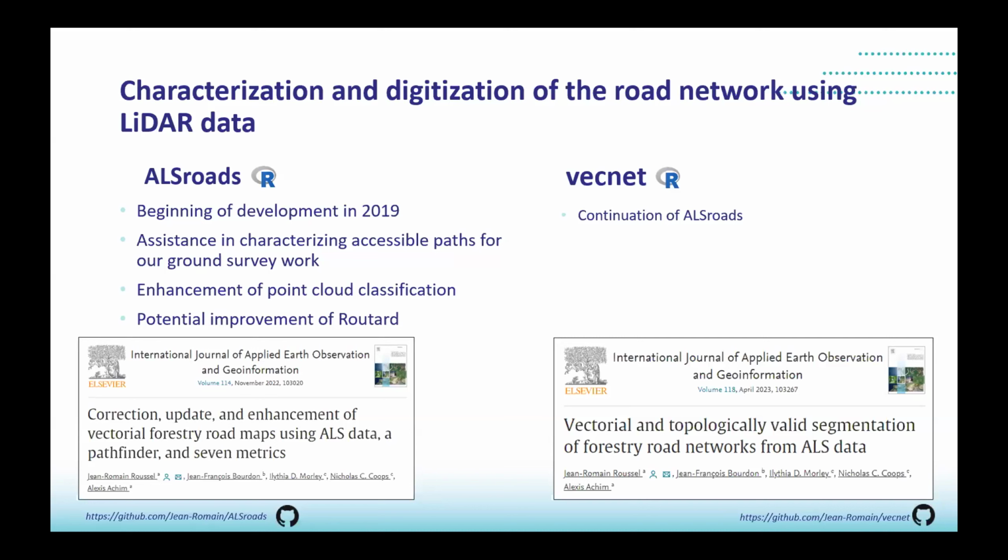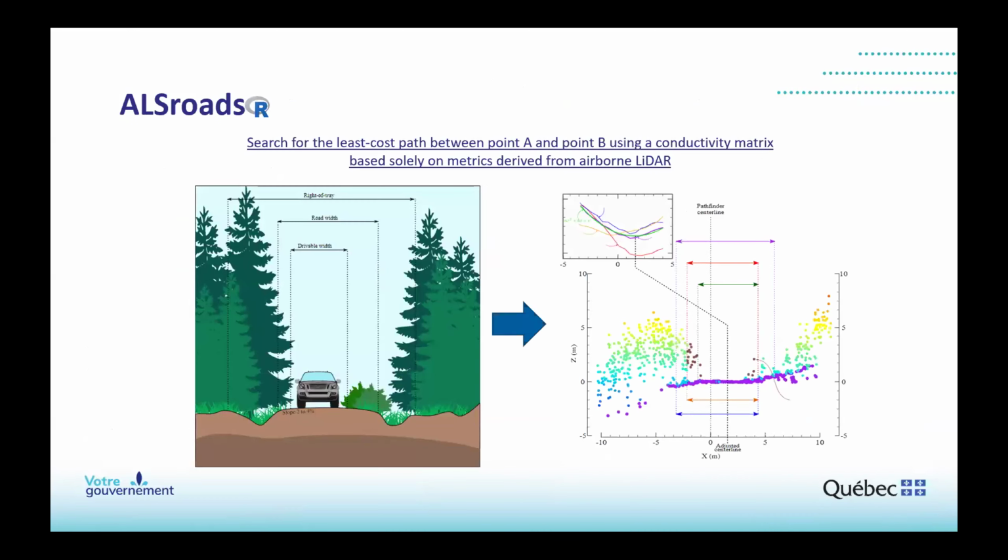So VecNet explores an incomplete network. ALS Road searches for the least-cost path between point A and point B using a conductivity matrix based solely on a matrix derived from airborne LiDAR. So this is a different approach for path recognition.